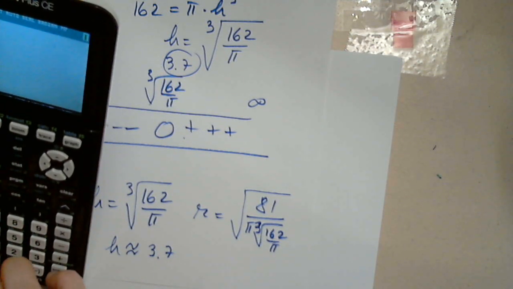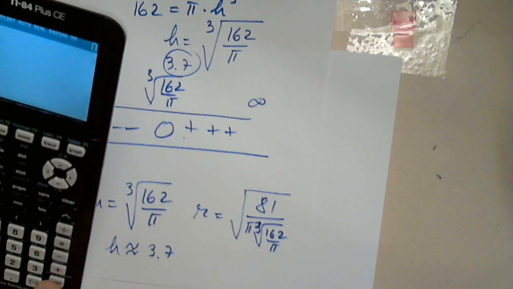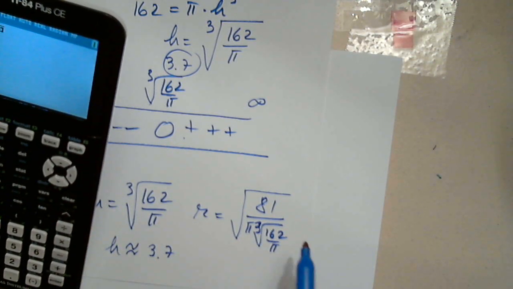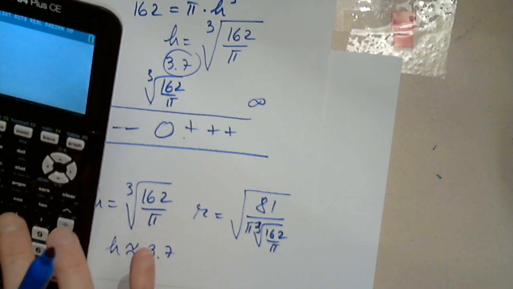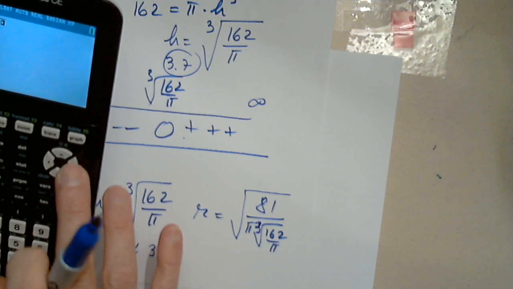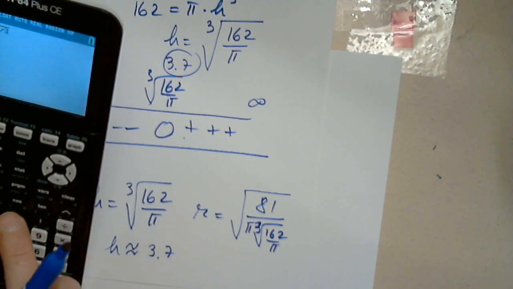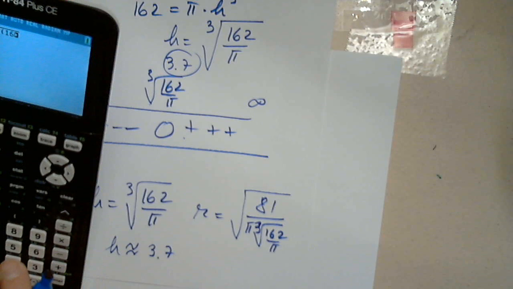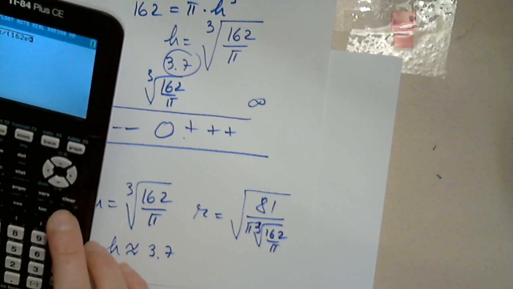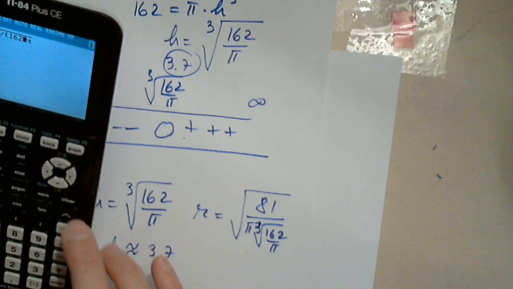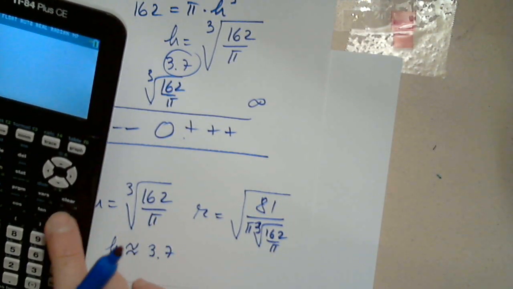So the square root, and we have 81 divided by pi, and further divided by, in parentheses, 162 divided by pi, and this raised to 1/3.